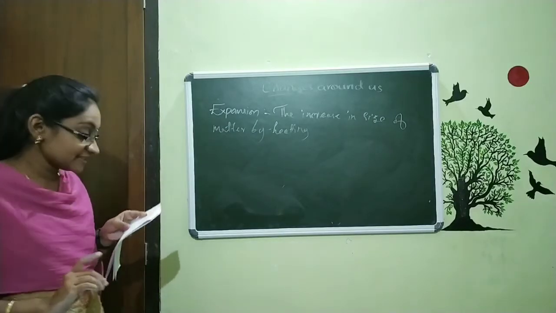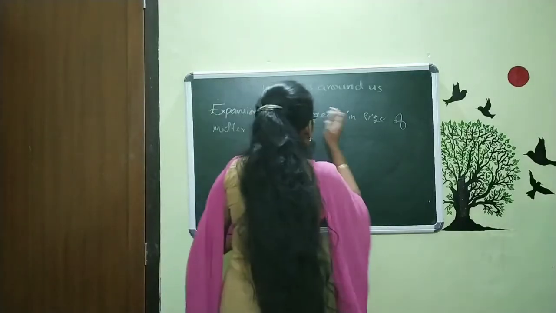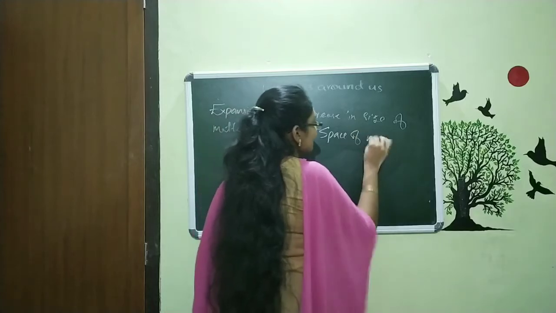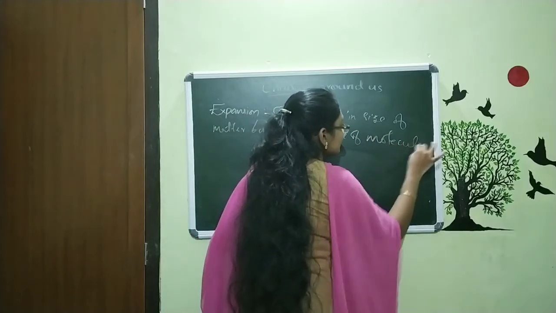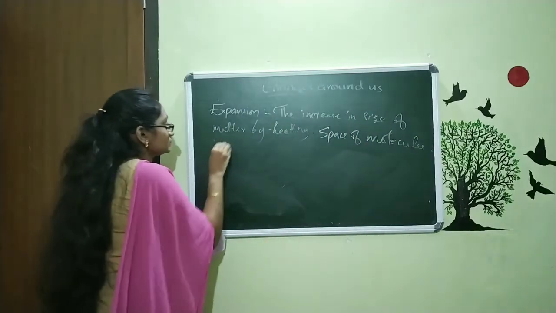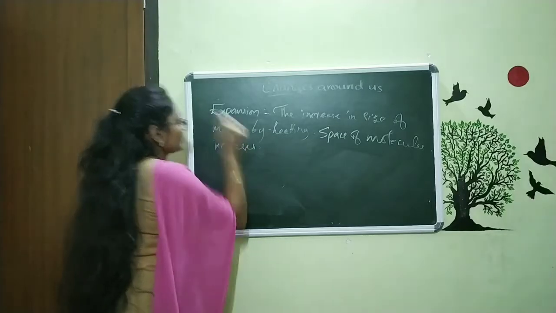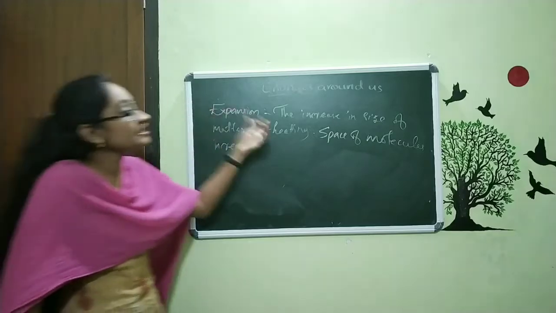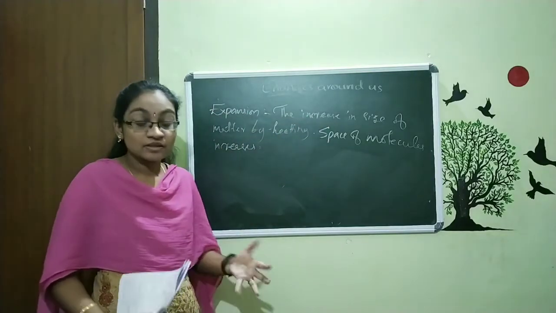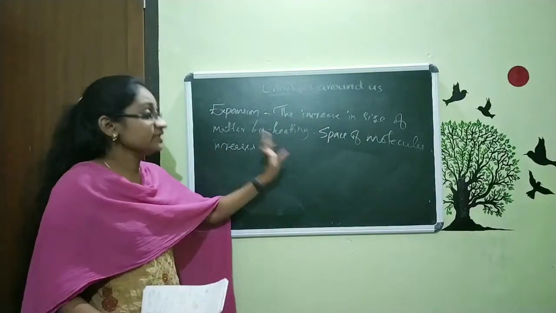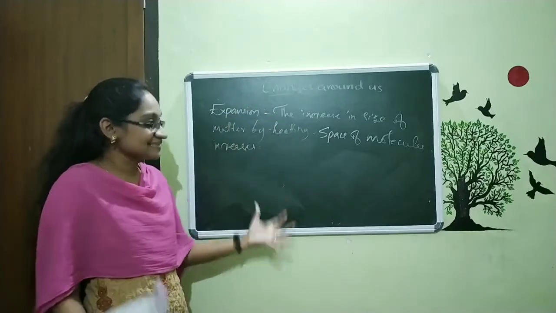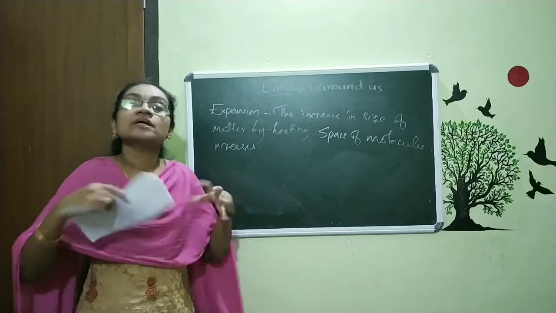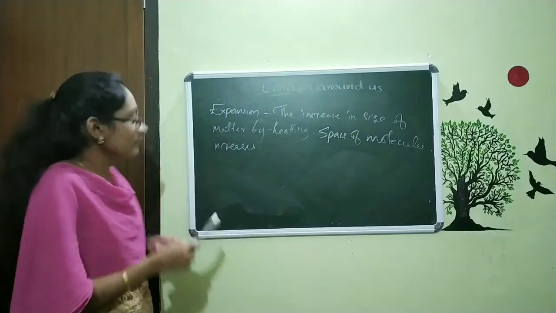Within the expansion, the space of molecules increases. So we can say the expansion is the increase in size of matter by heating. By heating, there occurs the increase in size. And here we can say the space of molecules is getting increased. So this is about expansion.